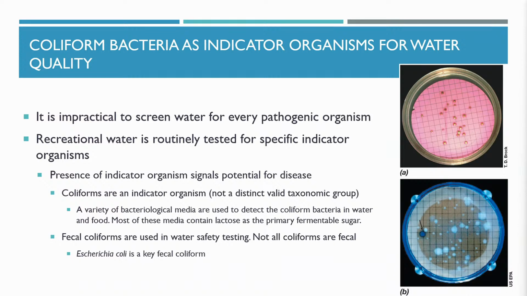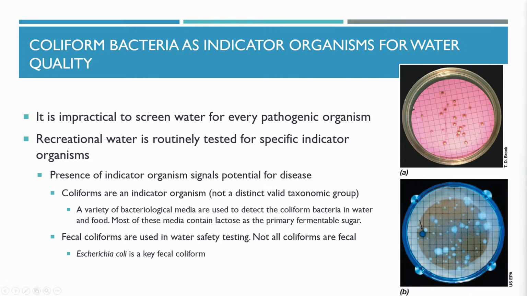So we utilize indicator organisms to measure the quality of water. Coliform bacteria, I've mentioned that coli means colon, so generally they are bacteria that come from the intestinal tract. Those are used as an indicator organism, and they signal the potential for disease.